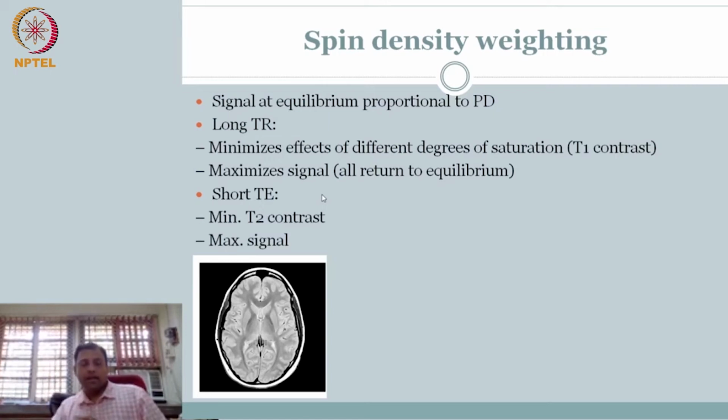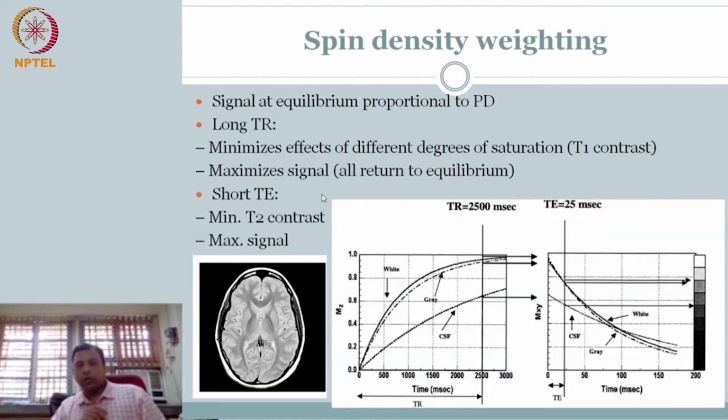Okay. So to put it in a picture, these are the two, MZ and MXY, the transverse component and the Z component. So if I wait for a long time, what happens? I have different materials. Each one has its own time constant T1 to build up. So I'm waiting for a long time. That way, I don't have to consider the effect of T1.